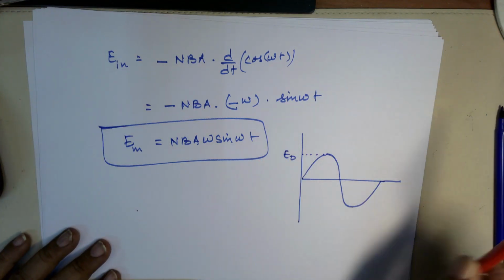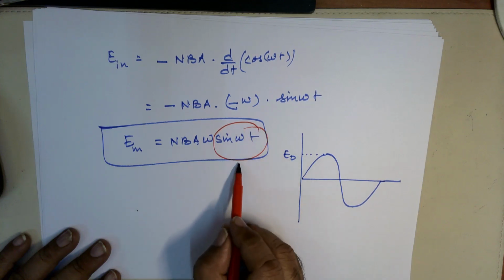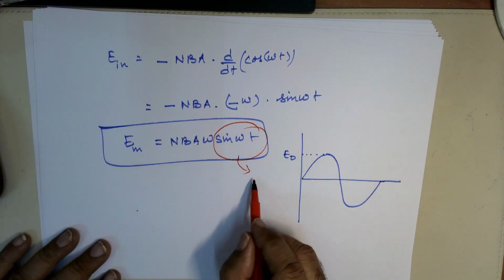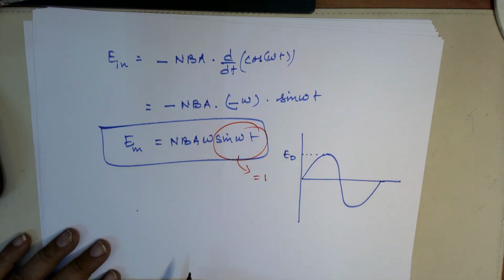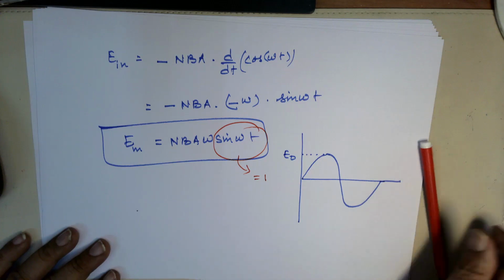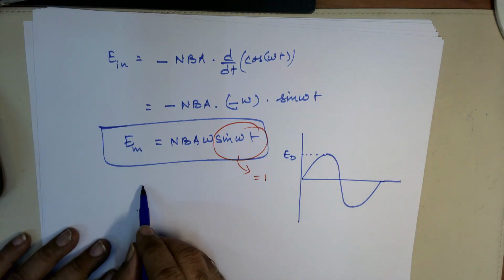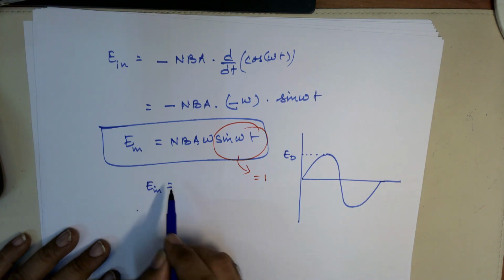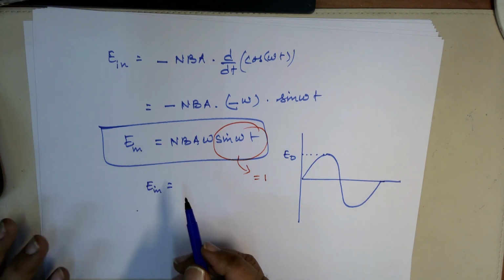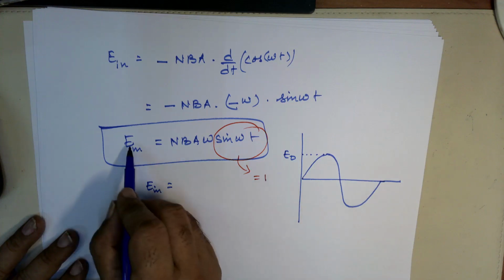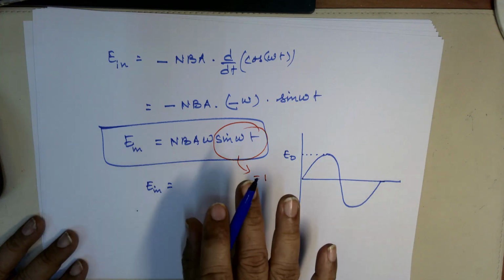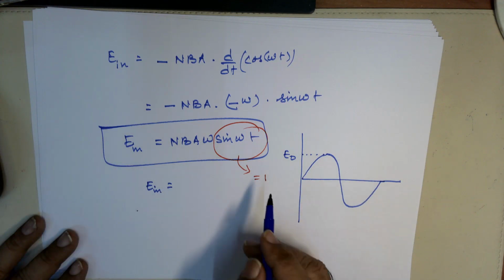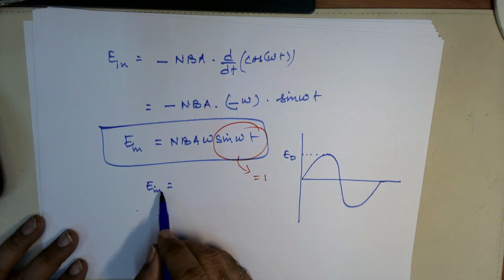So when sin omega t is equal to 1, the induced EMF becomes E naught.